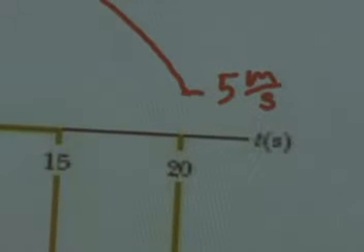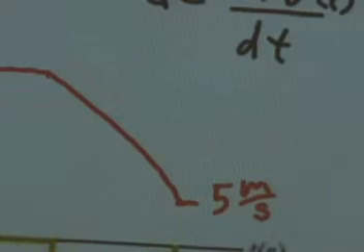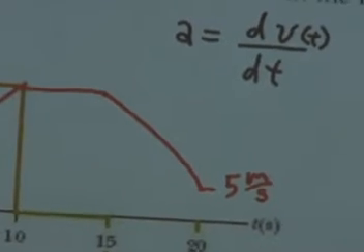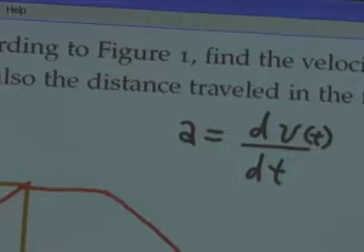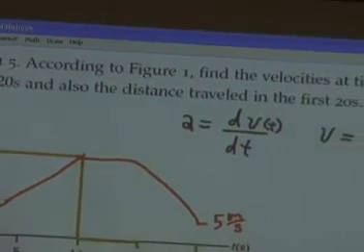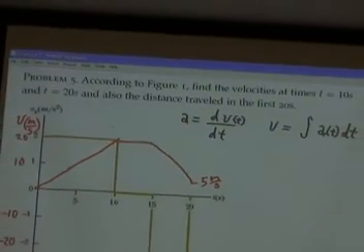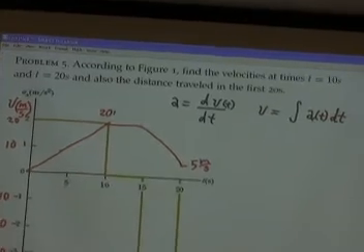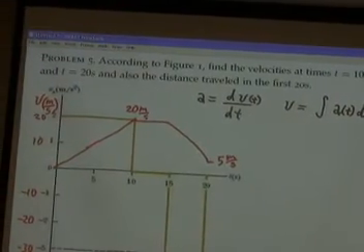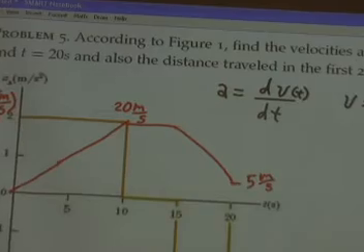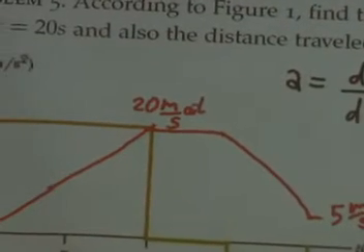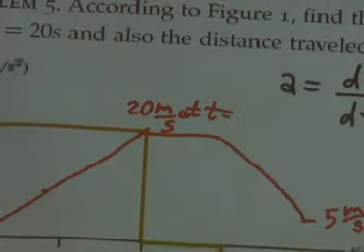Now if we go back, the first question was, what is the velocity at t equals 10 seconds? And remember, that was 20 meters per second at t equals 10 seconds.